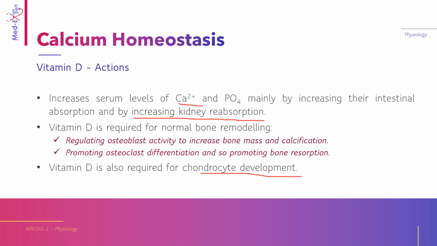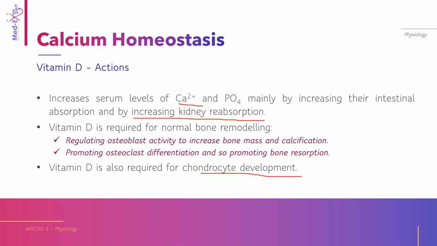Vitamin D regulates both the osteoblast activity and osteoclast differentiation, so it makes a state of balance between the osteoblast and the osteoclast. On the other hand, parathyroid hormone acts only in the direction of bone resorption. It activates osteoclasts to promote bone resorption.